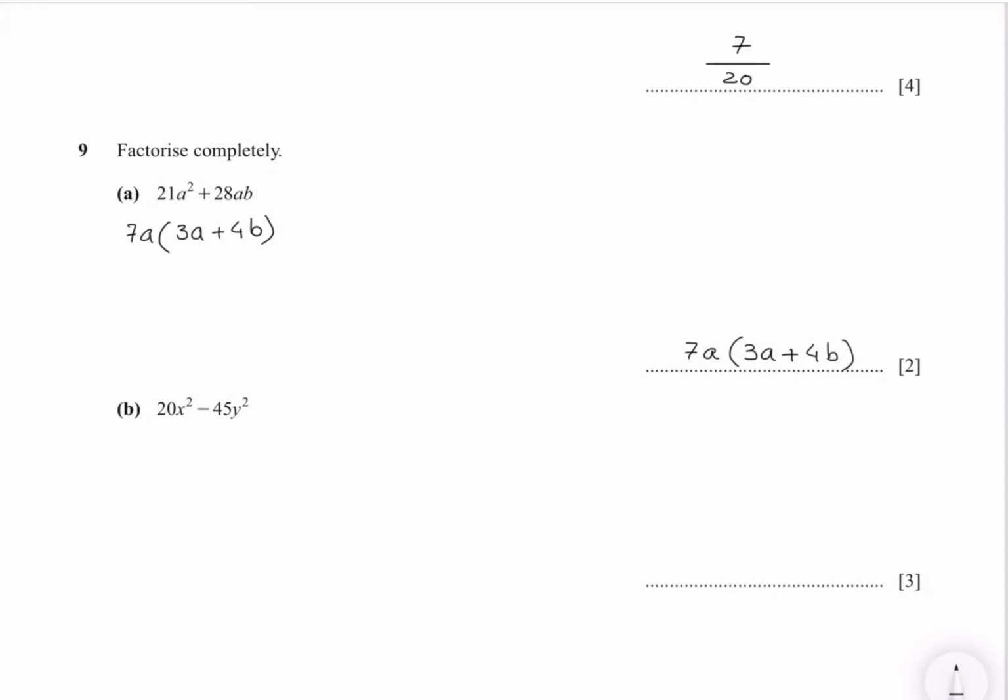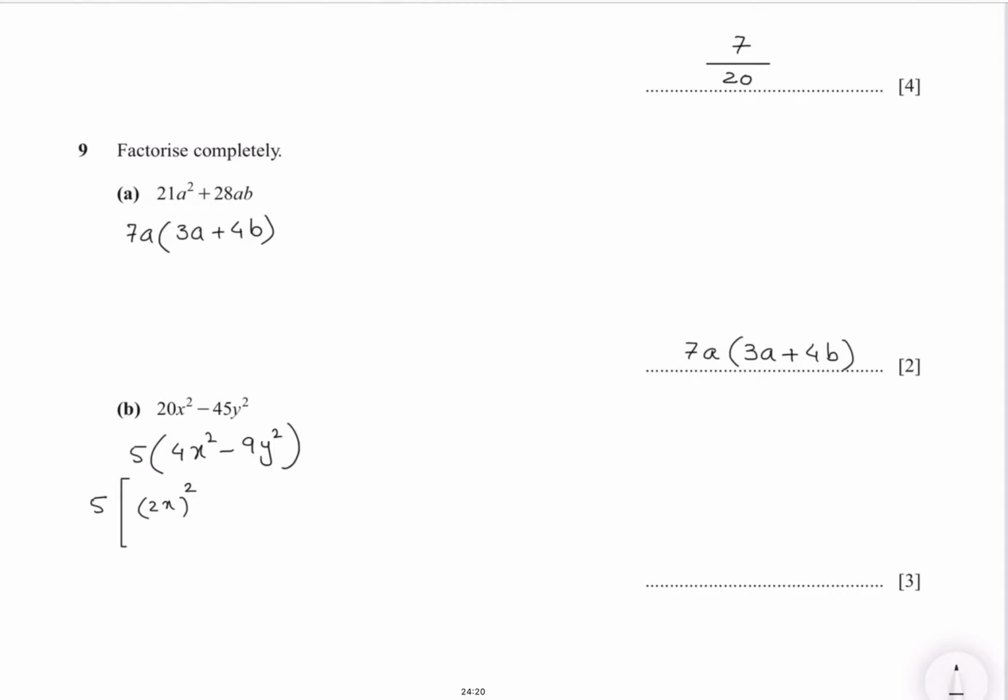In part B, you can take 5 common. So 4x square minus 9y square. So 4x square and 9y square, and there is a negative sign. So this is an identity, a square minus b square, which when you open, you write a plus b times a minus b.